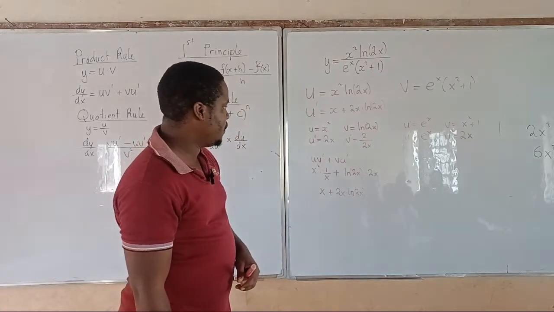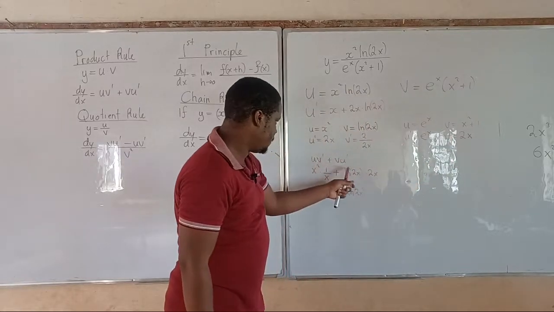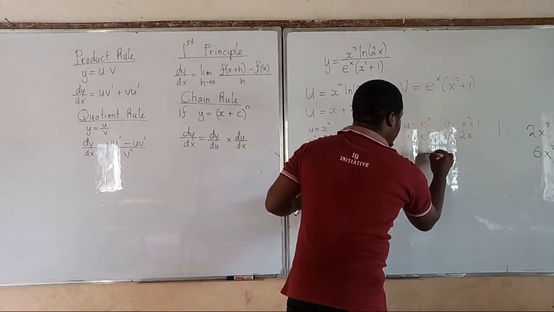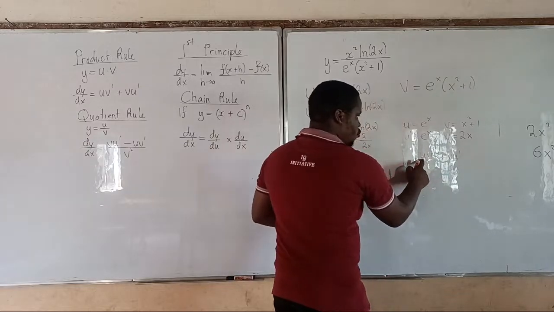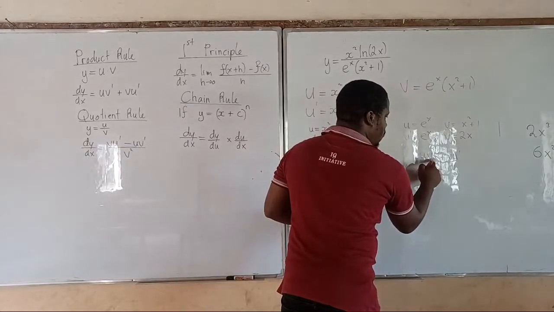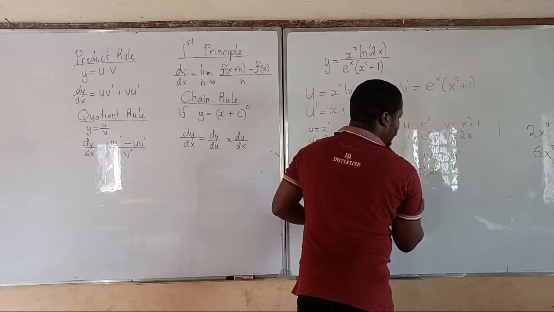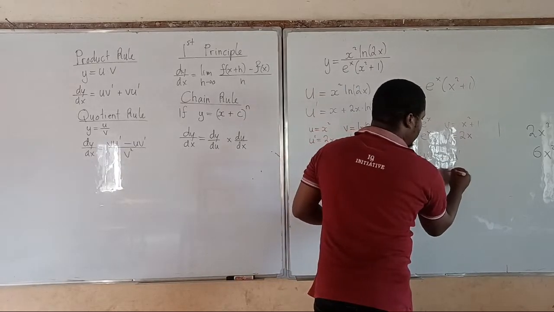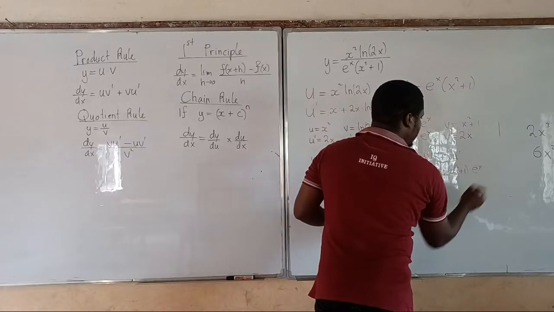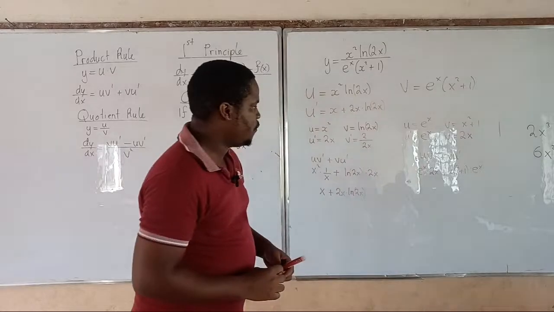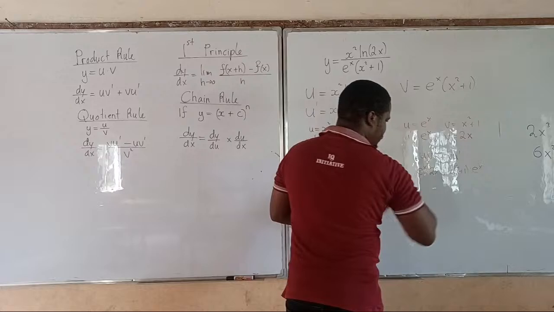So the 1 disappears. Now, we are applying the product rule, which is the formula u v prime plus v u prime. What is u? E to the x. What is v prime? 2x. What is v? X squared plus 1. And what is u prime? E to the x, like that. Now, if you look at what we have here, you can see that e to the x is common. So let's just factor it out.